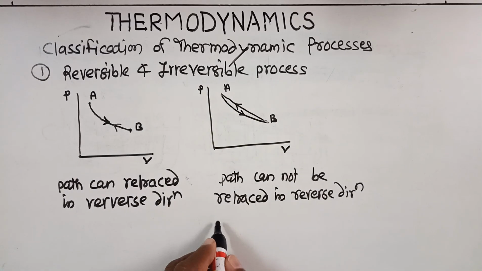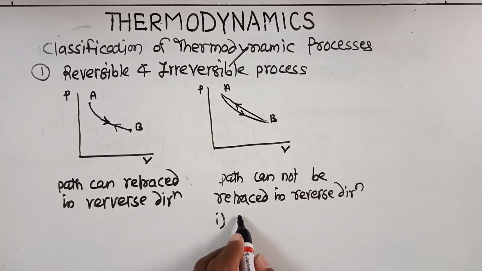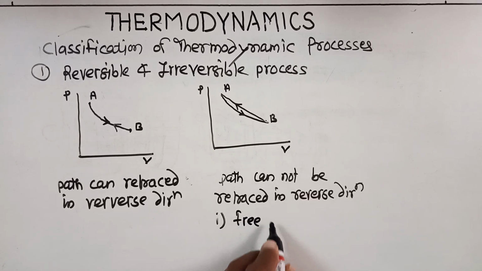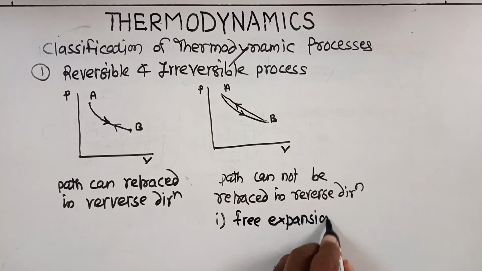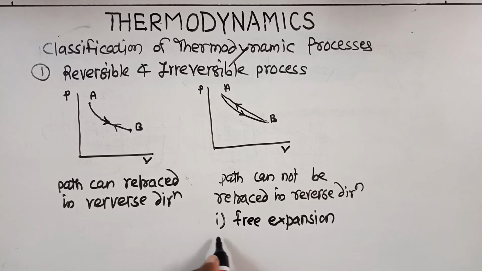That is due to two reasons of irreversibility. The first is free expansion. In free expansion, the system is not in equilibrium, and that's why the path cannot be retraced again in the same direction.